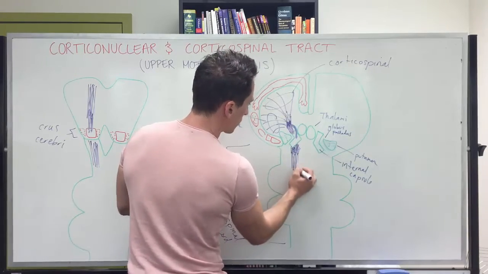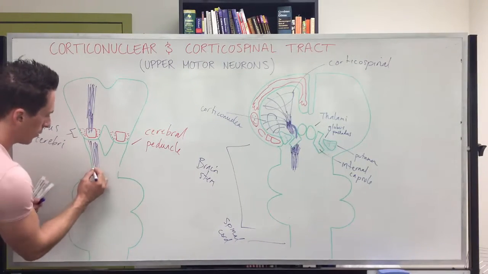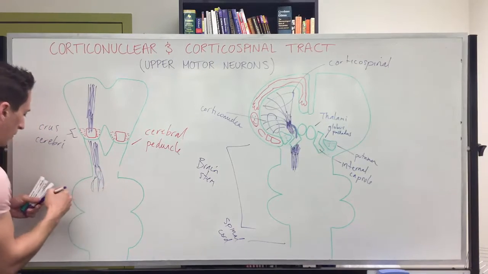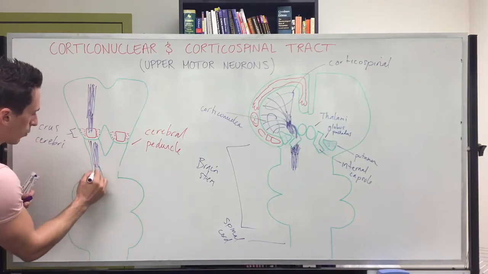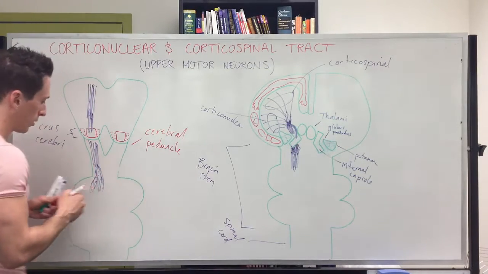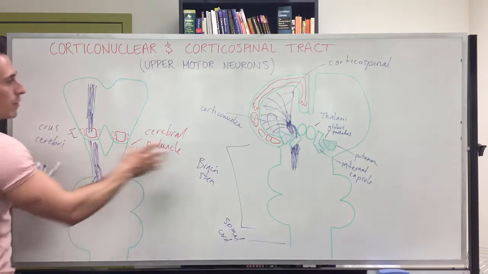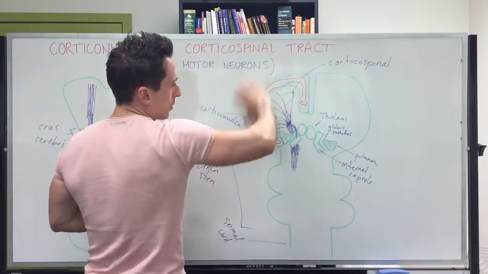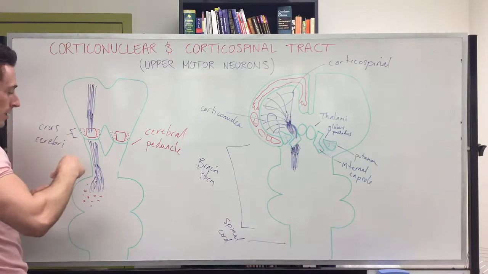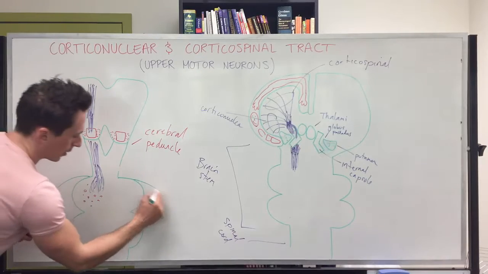All right. Once it hits the pons, what you're going to find is that these fibers start to fan out a little bit. They're not as tightly bundled together. And the reason why is this. In the pons, you've got what's called pontine nuclei. So you've got all these little nuclei present, and these nuclei allow for some of the neurons that are firing down from the motor cortex to synapse and then send a message to, remember, behind the pons and medulla, you've got the cerebellum.